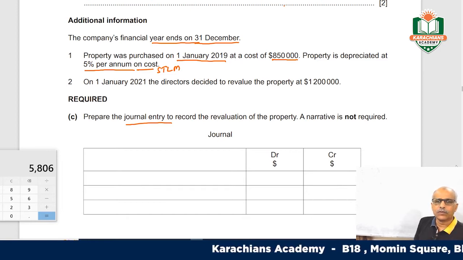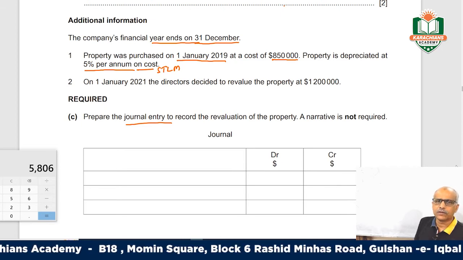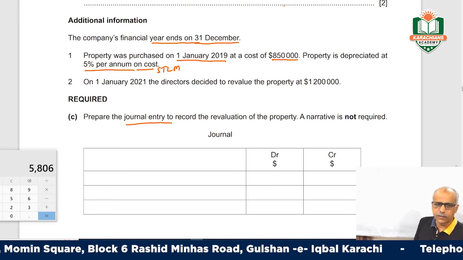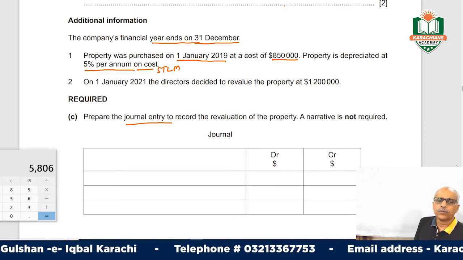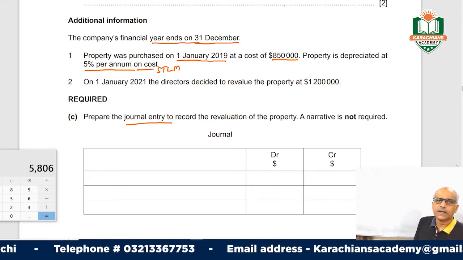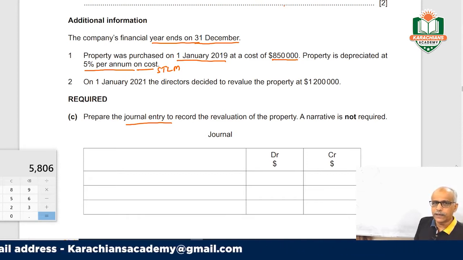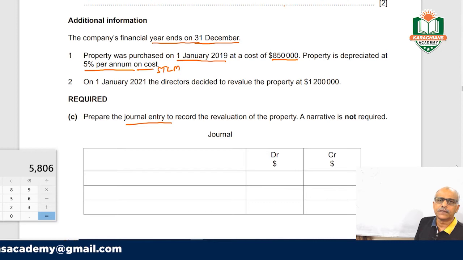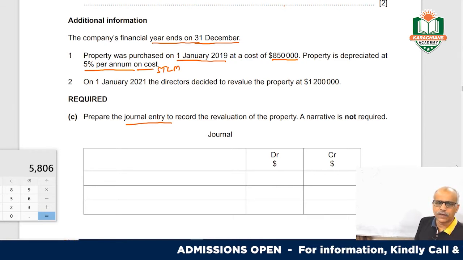Because the straight line method considers the original cost, and the depreciation is calculated based on the original cost. In reducing balance, every time we consider the reduced value, the net book value, and we calculate depreciation on net book value. So this is on cost, which means a straight line method. This is very clear.